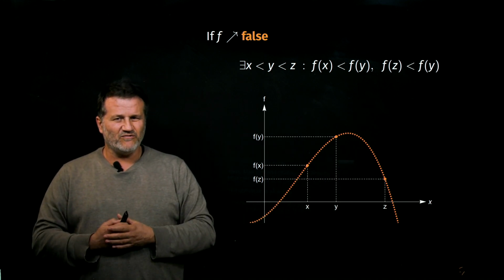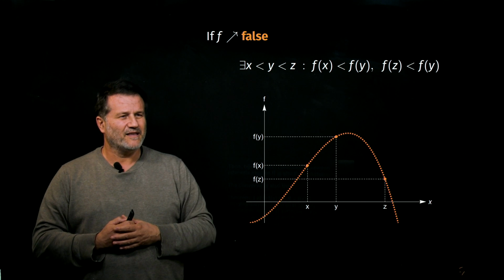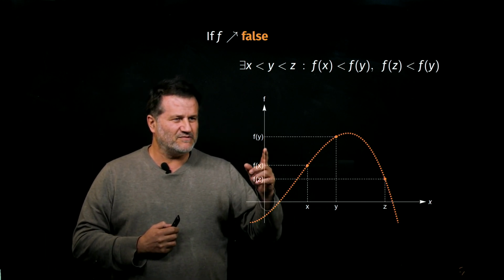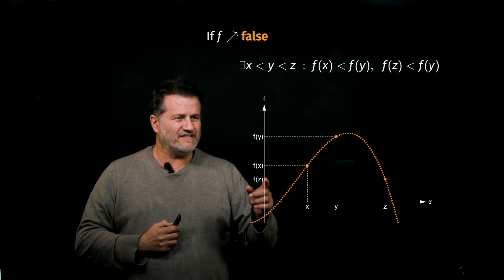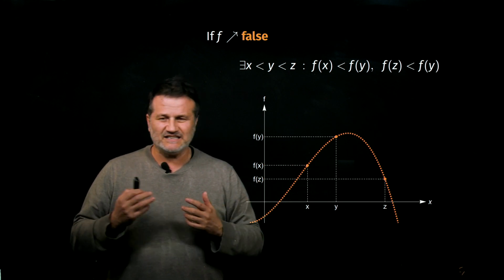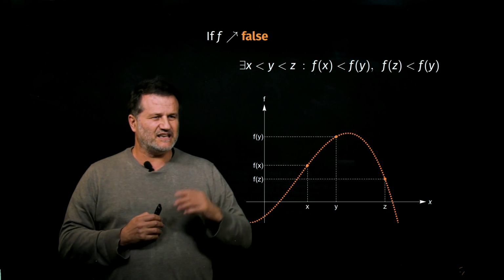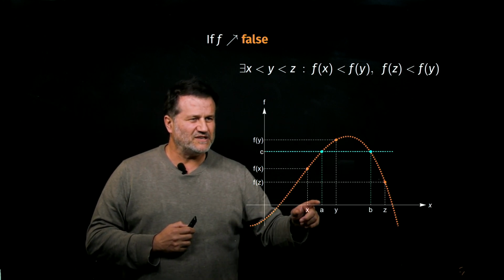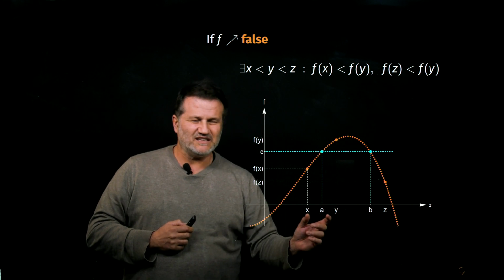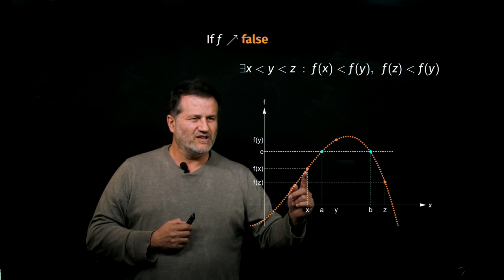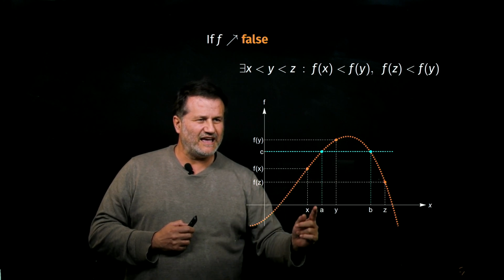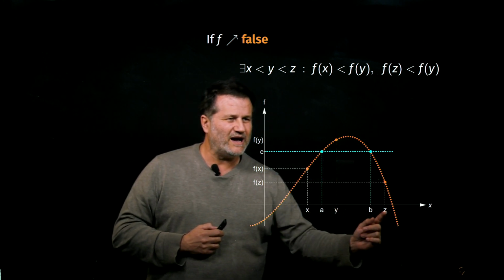And this is the goal of what we show here. Because if we take a value between f of y, which is the biggest here, and the biggest between f of x and f of z, in this case f of x, we see that there are 2 points because of the intermediate value property. So the function must take the value c between x and y and also between y and z.